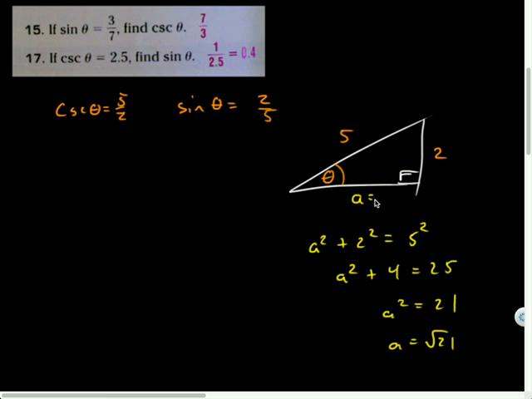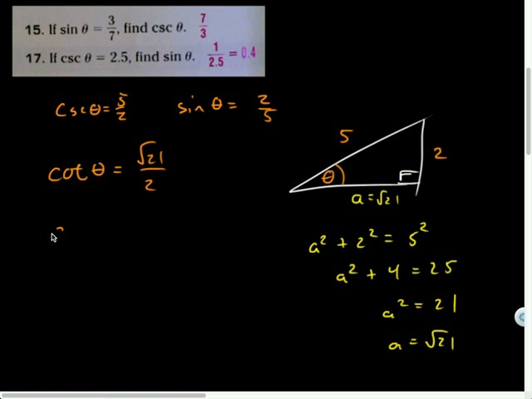So what if I asked you what is the cotangent of theta in this triangle? C-A-O. Cotangent is adjacent over opposite, so that'd be root 21 over 2.